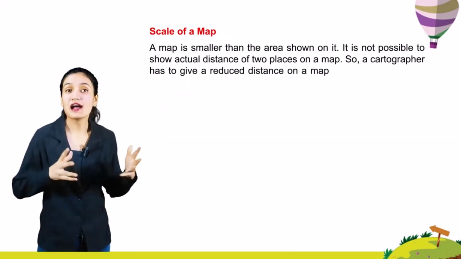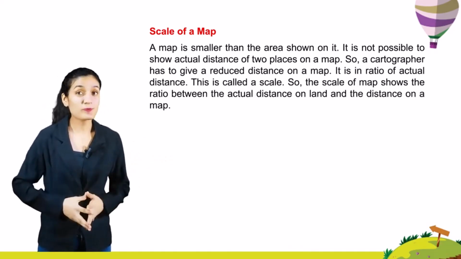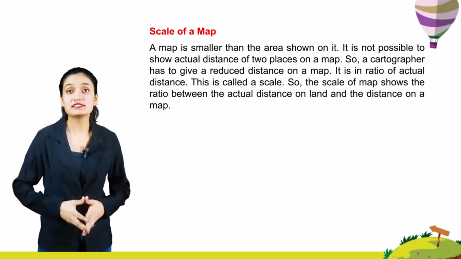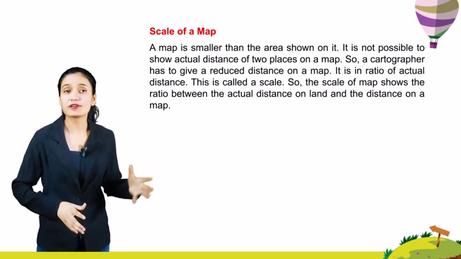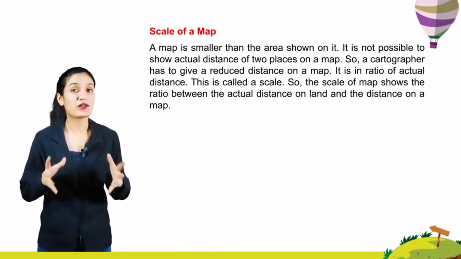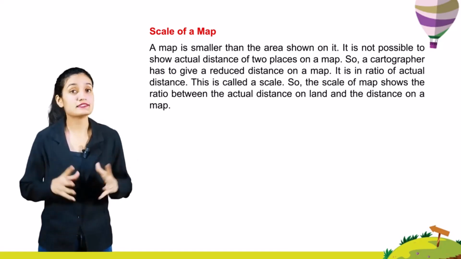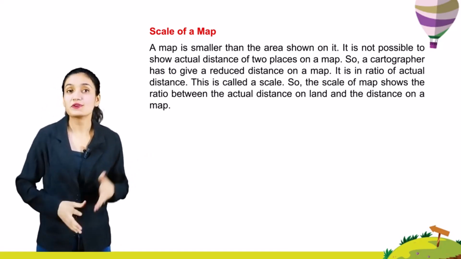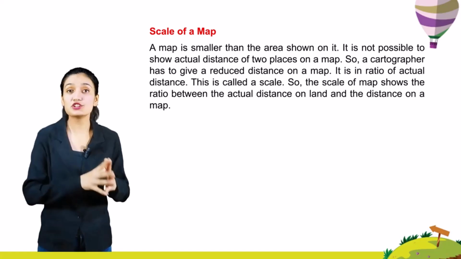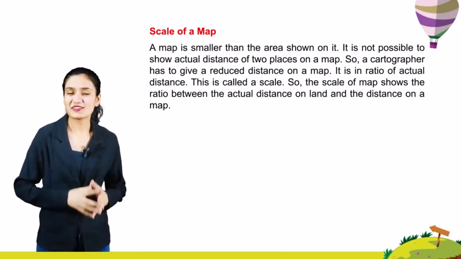Scale of a map. A map is smaller than the area shown on it. It is not possible to show the actual distance of two places on a map. So, a cartographer has to give a reduced distance on a map. It is in ratio of the actual distance. This is called a scale. So, the scale of a map shows the ratio between the actual distance on land and the distance on a map.